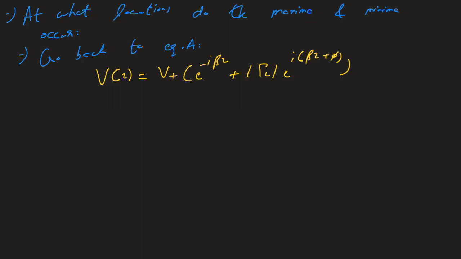That's what the question was telling us. Now, the minimum amplitude occurs when the phase difference between this term and this term is equal to pi, right?